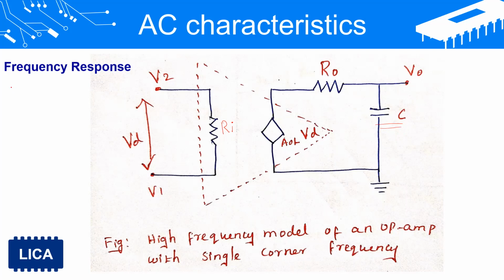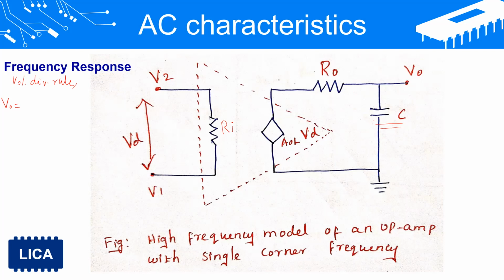According to the voltage division rule, V0 equals the voltage across the capacitance, so we write the capacitance value and divide by the total resistance value, here R0 plus C, multiplied by the source voltage. The source voltage here is AOL times VD.